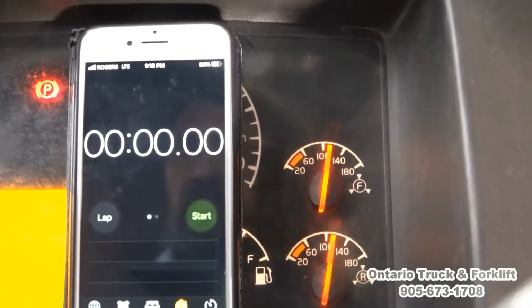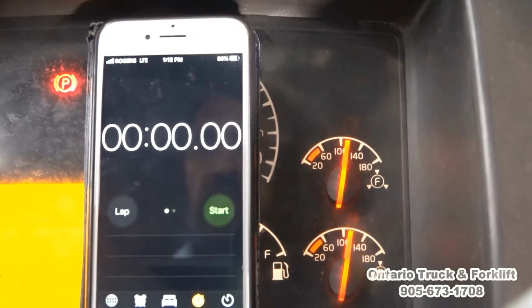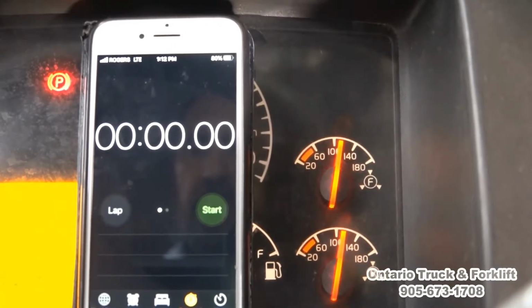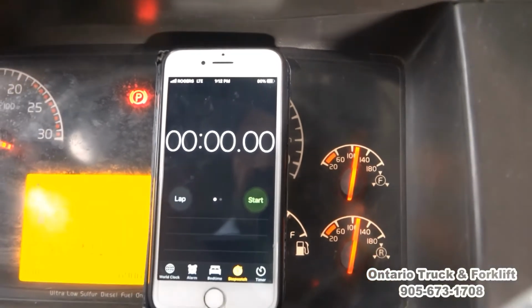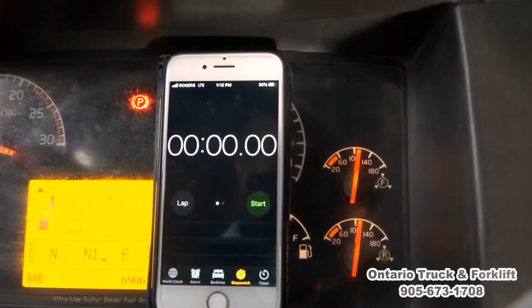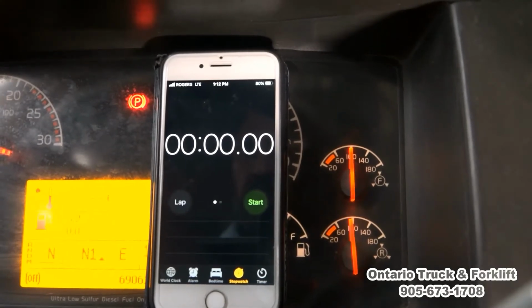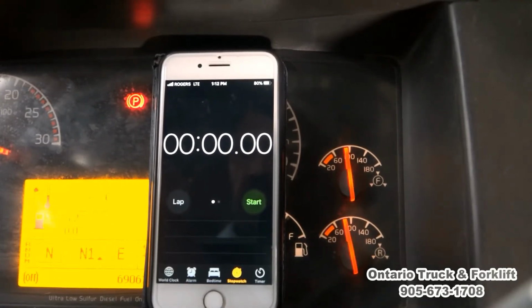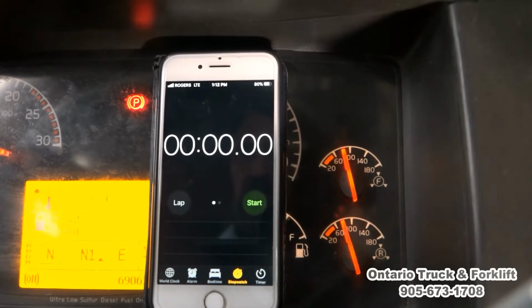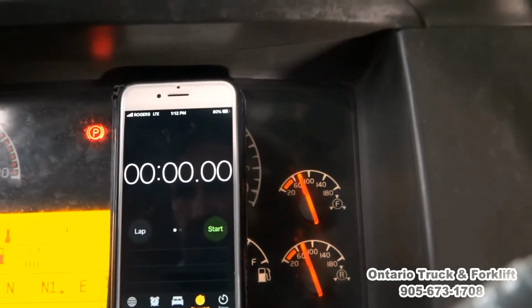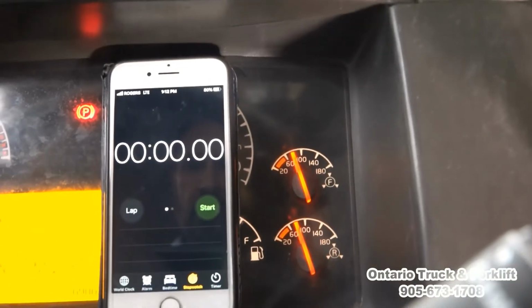Now we are checking air pressure buildup time. Our pressure is 110 psi. We will drop it to 80 psi or below by pumping the brake pedal. When it gets to 85, we will start the timer.